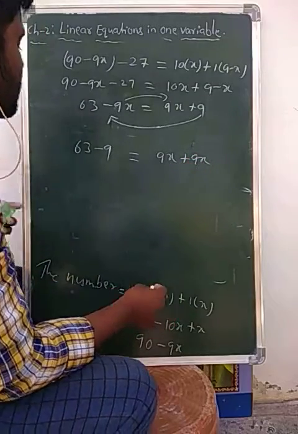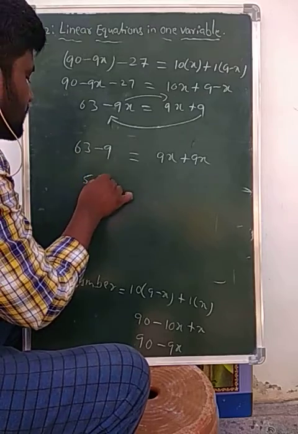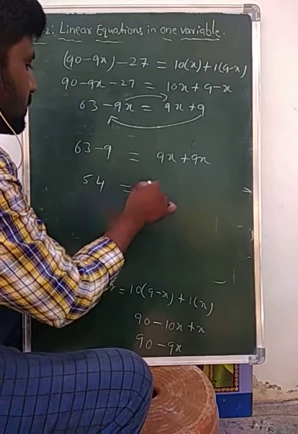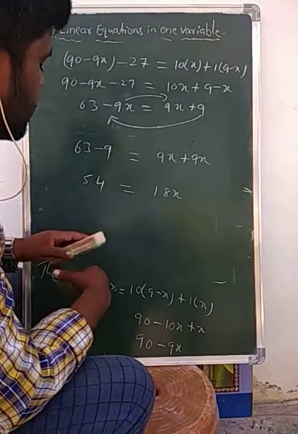Now 63 minus 9 is 54, equal to 9x plus 9x, that is 18x.